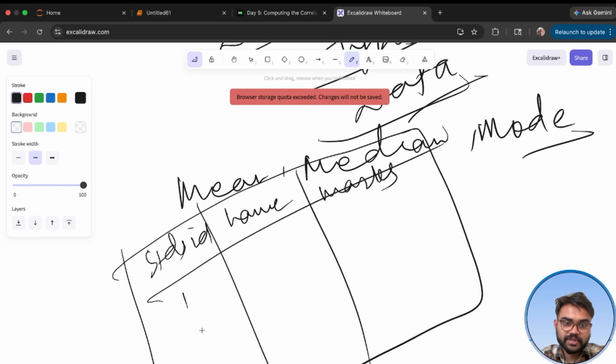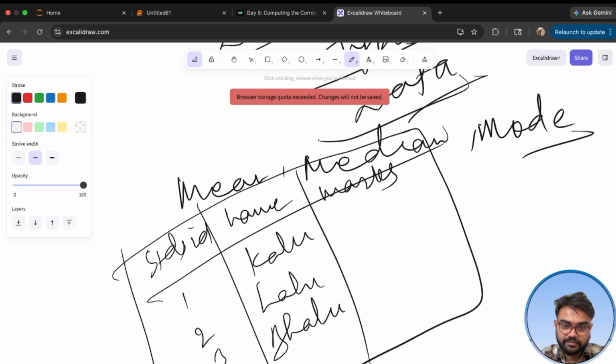ID would be 1, 2, 3, 4. Student names would be Kalu, Lalu, Balu, and Tiku. Marks would be 55, 85, 75, and 65.